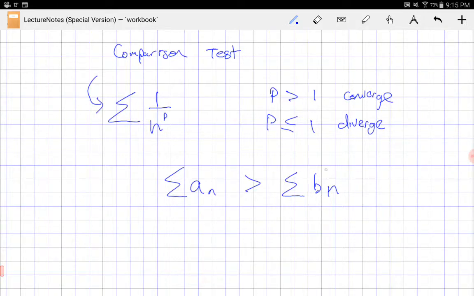So in this comparison, if bn diverges, then the sum of an will also diverge.